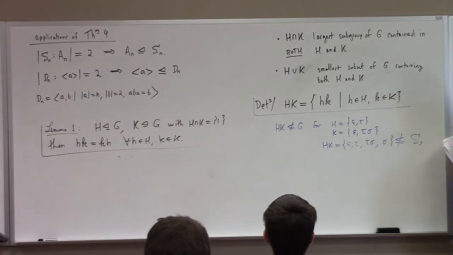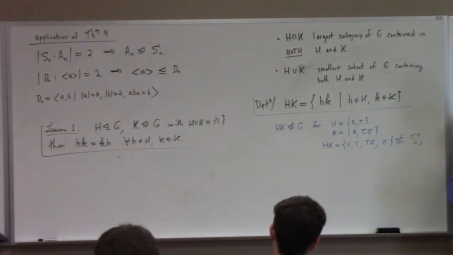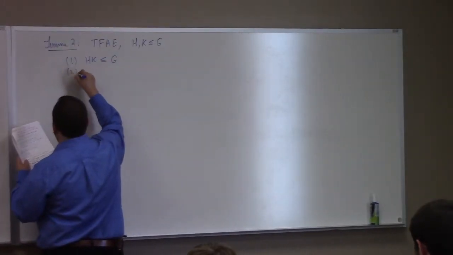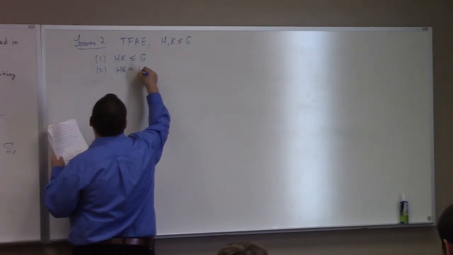Lemma 2. The following are equivalent for H and K subgroups of G. 1, HK is a subgroup of G. 2, HK equals KH.